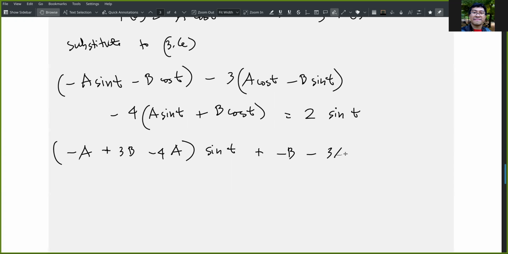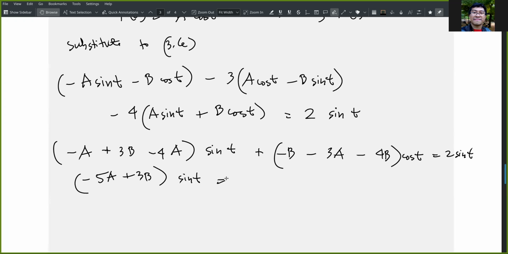You have minus 3a minus 4b, cosine t. So here this one becomes minus 5a plus 3b sine t, plus negative 3a minus 5b cosine t equals 2 sine t.